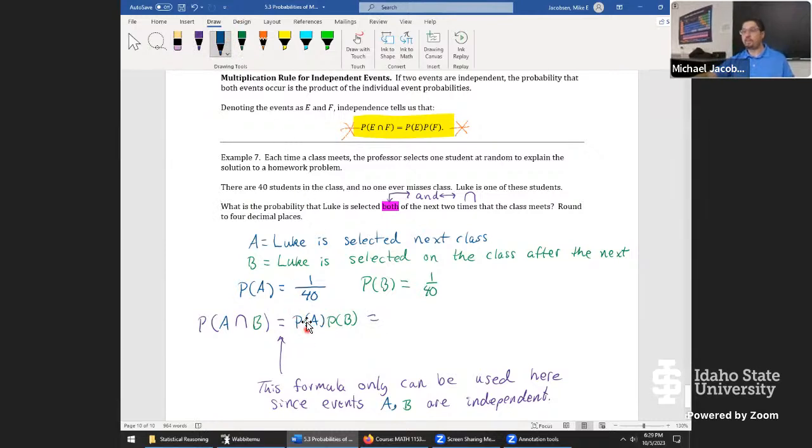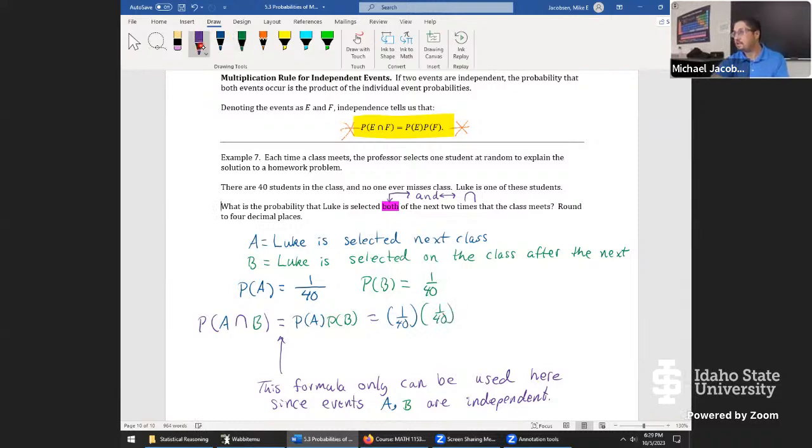The first value, for probability of A, we just put in the number, 1/40th. Then it's multiplying probability of B. We make another substitution. It's kind of like doing IQR or the 1.5 IQR rule of thumb. There are just lots of substitutions here. In place of probability of B, substitute it with 1/40th again.